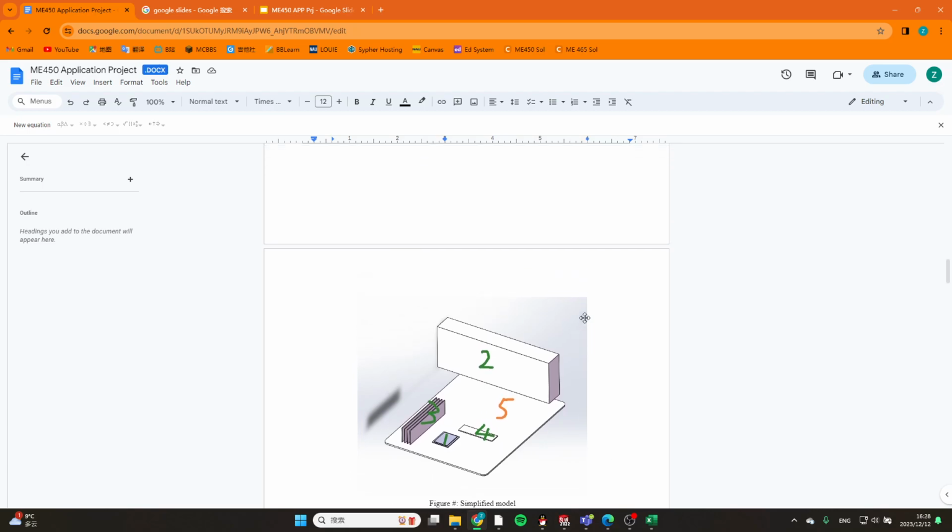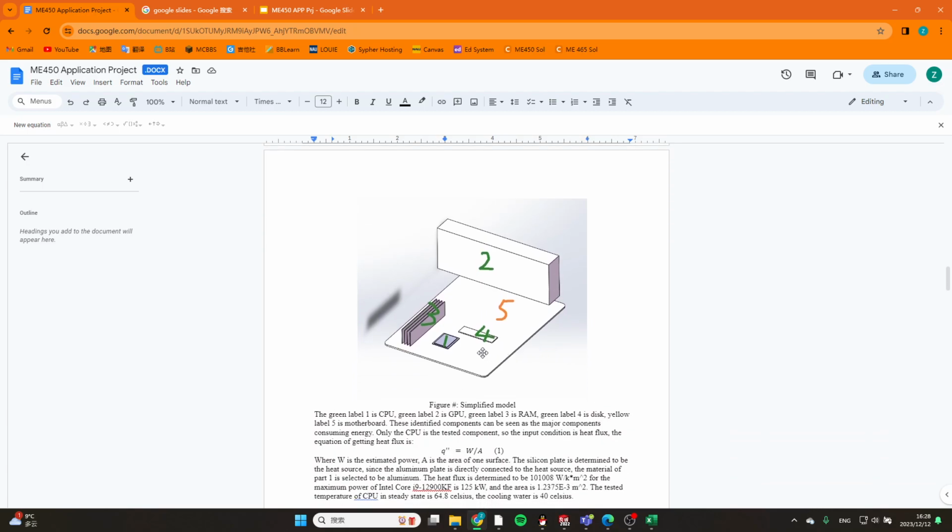For the boundary conditions, only the CPU serves as the tested component. So this one should be a heat flux calculated by the area and the power and the maximum power.